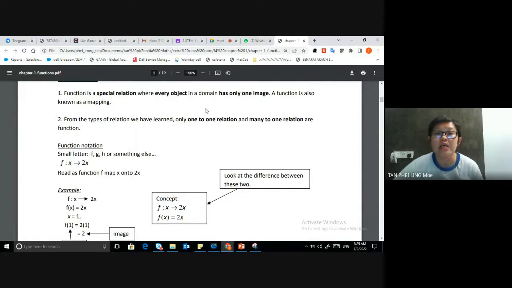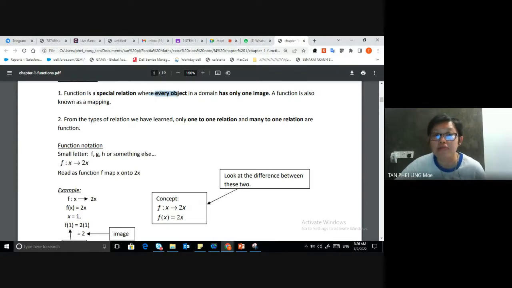Please highlight it. A function is a special relation where every object has only one image. Remember the first part of this chapter where you are asked to justify whether they are functions or not. When you are asked for a reason to support, you have to always say that it is a relation. Why?